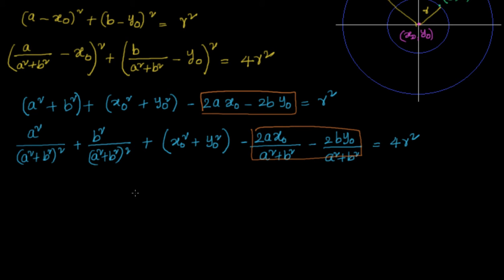Then we should have a condition in which we have only a square plus b square and r square, because I can write x naught square plus y naught square in terms of r, and if r cancels on both sides I should be able to get my value of a square plus b square.